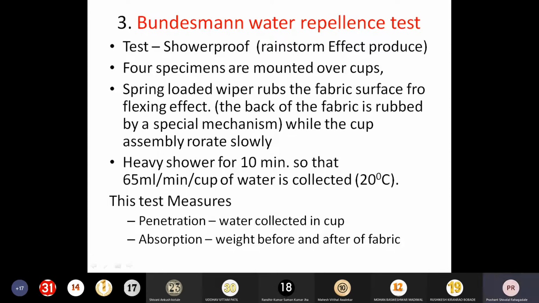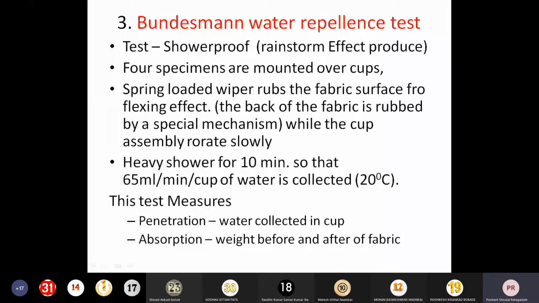Now here we test 4 specimens. These 4 specimens are mounted at a time on cups. I will show you the diagram, then I think it will be clear to you. Small cups are there, and we mount all 4 specimens, so 4 cups are there.